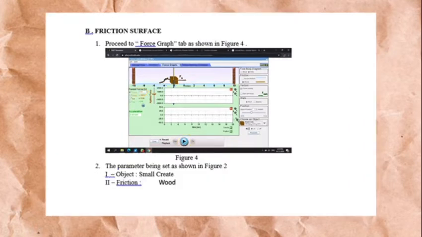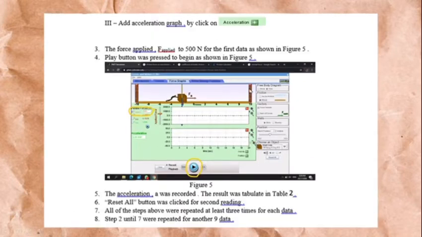Okay, for the friction surface, it is the same as the non-friction surface, but we change the friction to wood. We choose wood here. For the first data, we also use 500 Newton for the applied force, and after everything has been set up, we press the play button.